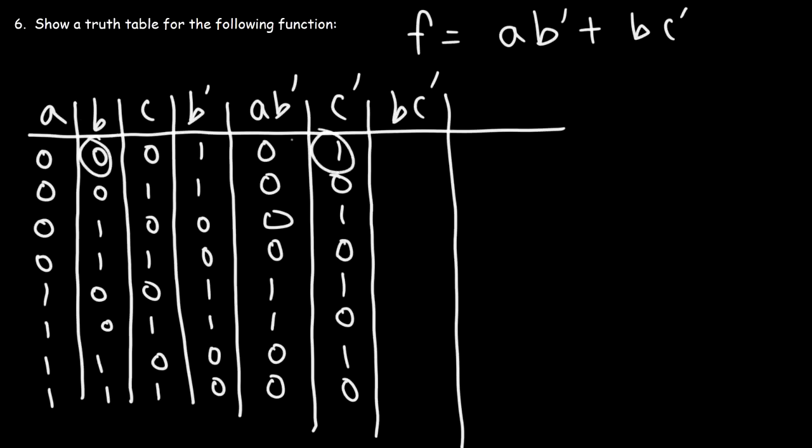So here we have 0 times 1, which is 0, and then it's 0 times 0, which is 0. Next, it's 1 times 1, so that's 1, and then 1 times 0, and then it's 0 times 1, and then 0 times 0, 1 times 1, and finally 1 times 0 is 0.